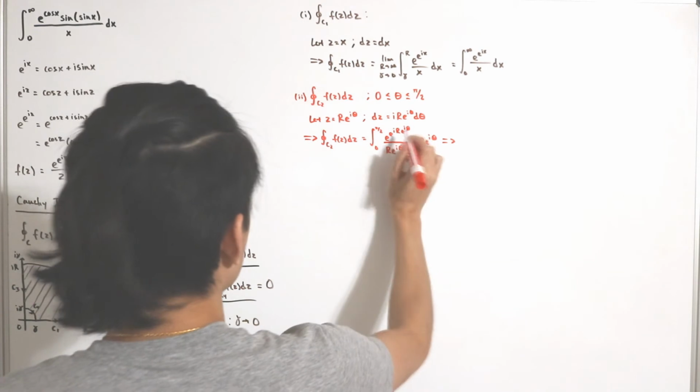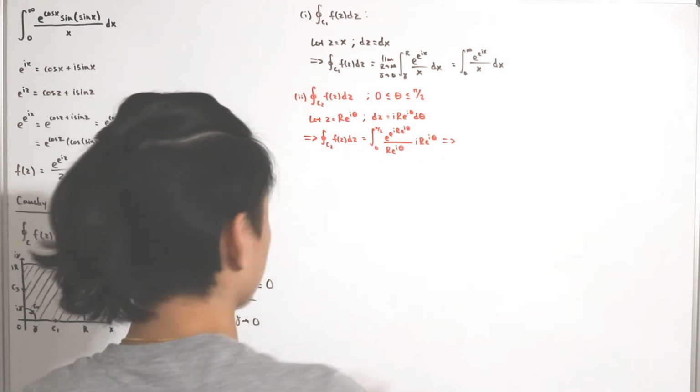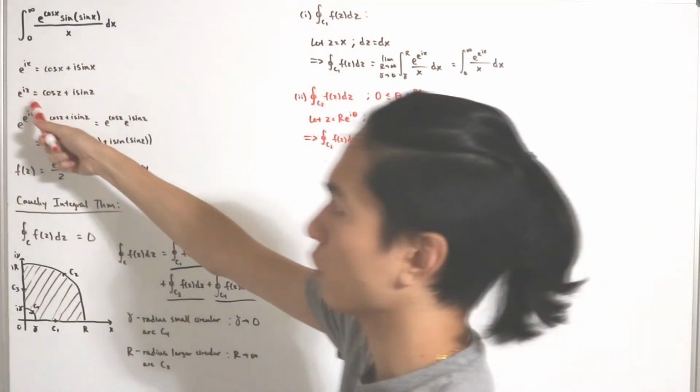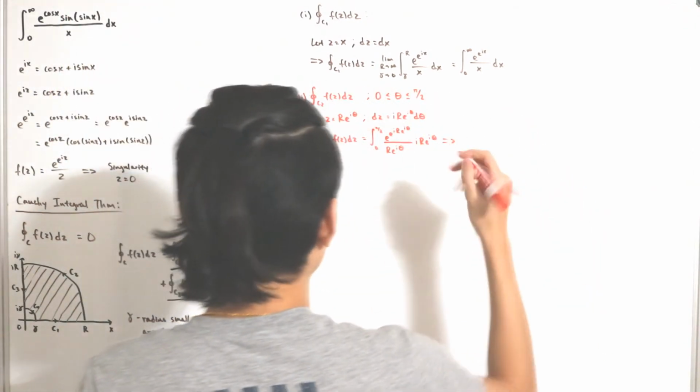I can also write e to the i theta using Euler's formula, so I'll write that expansion out.